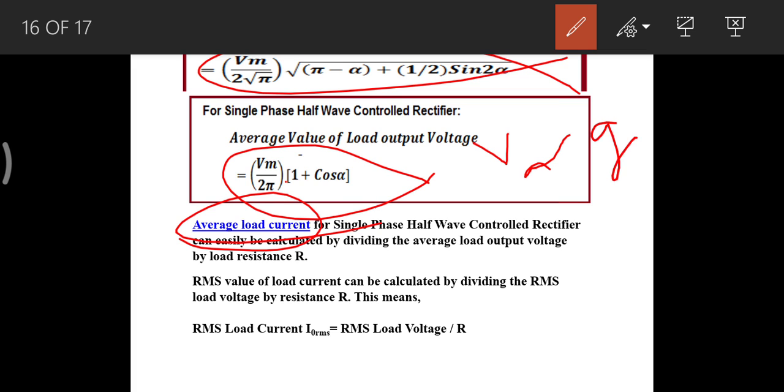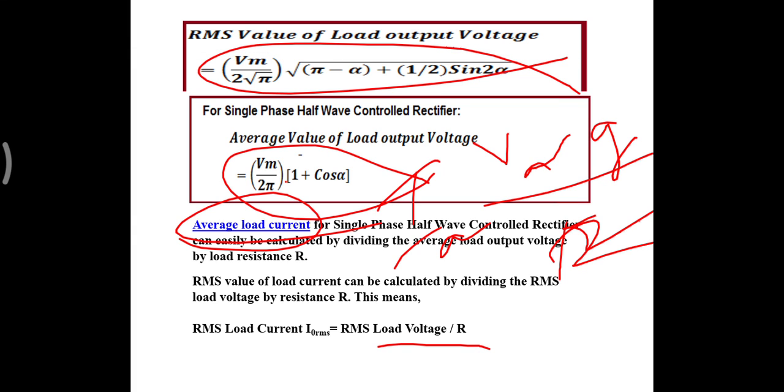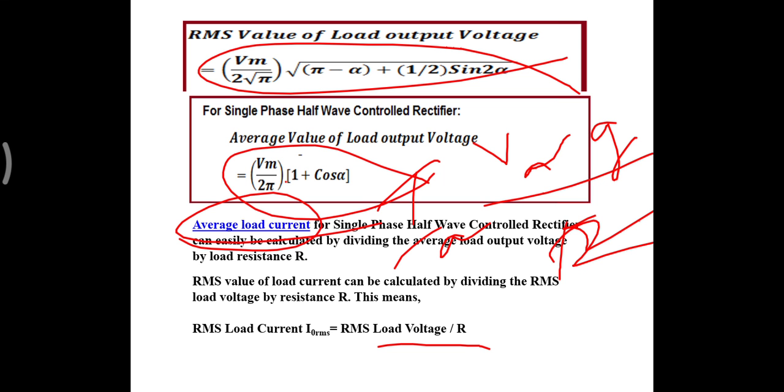So if we want to find I average, we simply divide by R. Next, I RMS. This RMS current we also get simply by writing V RMS divided by the load resistance. This is the RMS load current. We get the load RMS current for the given half wave rectifier. So this is about the half wave rectifier.